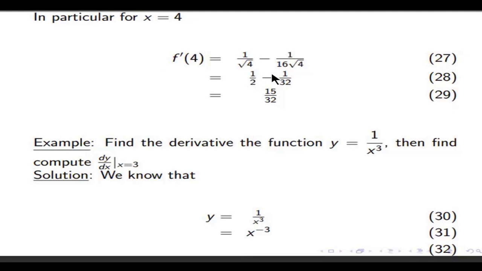Which is equal to 1 over 2 minus 1 over 32, because radical 4 is 2, so it is 1 over 2. Here we also have 2, so 1 over 16 times 2 is 32. Which is equal to 15 over 32.